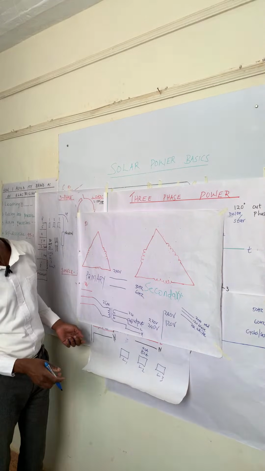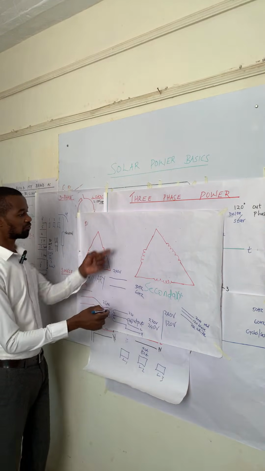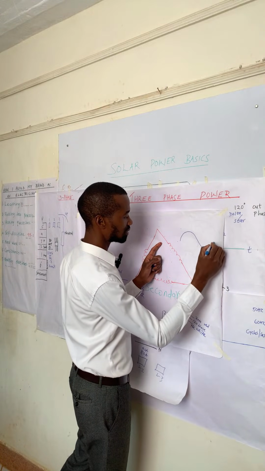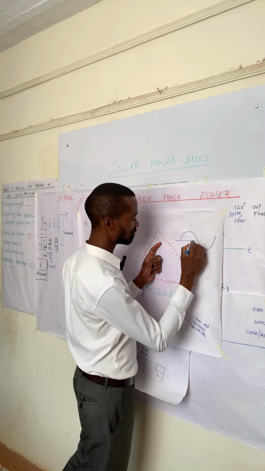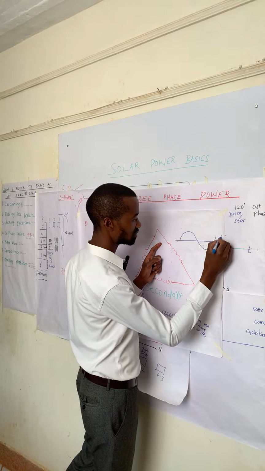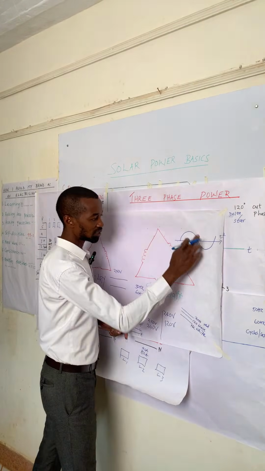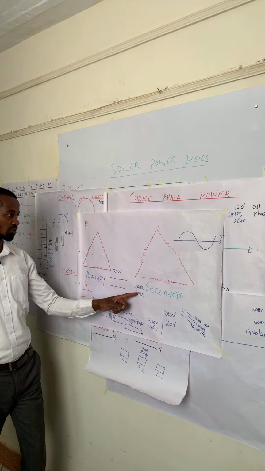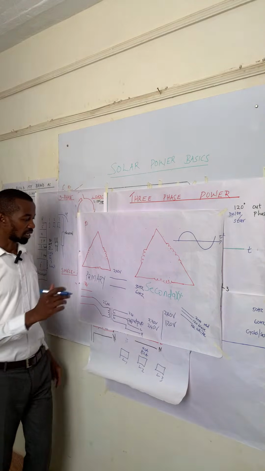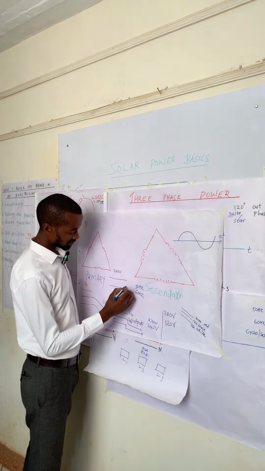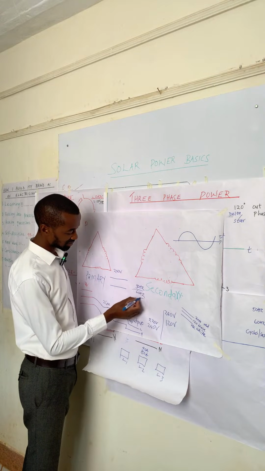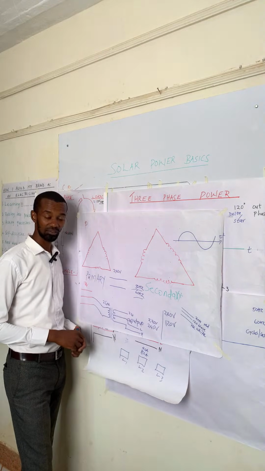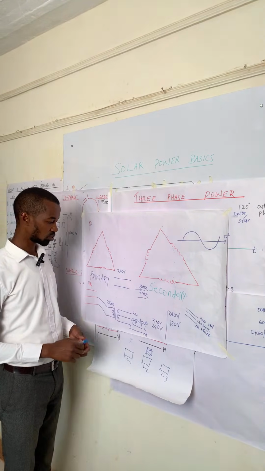Cycles, we talked about the cycles here, where if, let's say, we have this type of wave that is formed, and then this is T. So one cycle is what we refer to as Hz. So if we have 50 Hz per second, again, depending on the region. In our country, we use 50 Hz. In other countries, they use 60 Hz. This is USA and Canada. Correct me if I'm wrong on the comment section, but that is what I know.